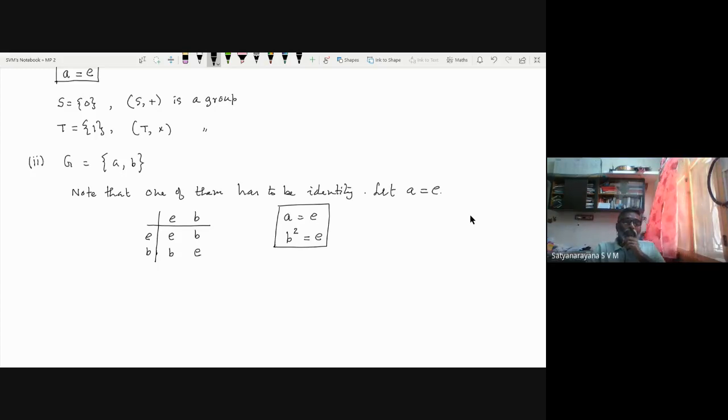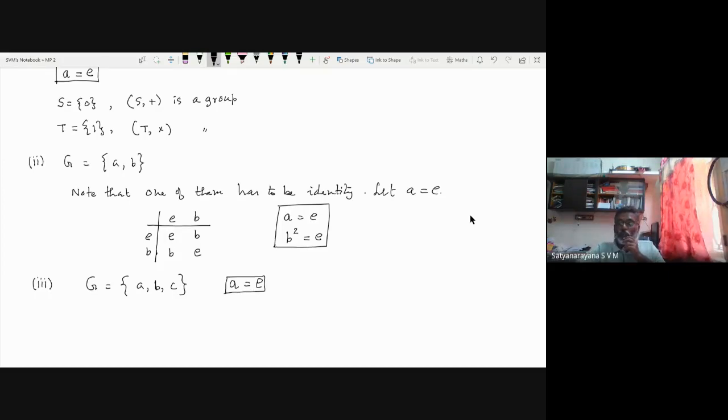Now the difficulty level will start increasing if we go to higher and higher element sets. For example, let's take G is equal to A, B, C. Let's say we have 3 elements. Now you ask a question: what are the conditions under which this forms a group? So the first element has to be identity. So this one we will fix.